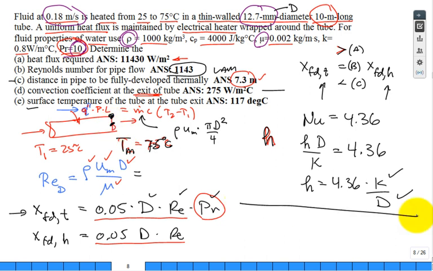So somebody volunteer and describe how you're going to solve for the surface temperature of the tube wall at the exit. I'm sorry? Do a local Newton's law of cooling.